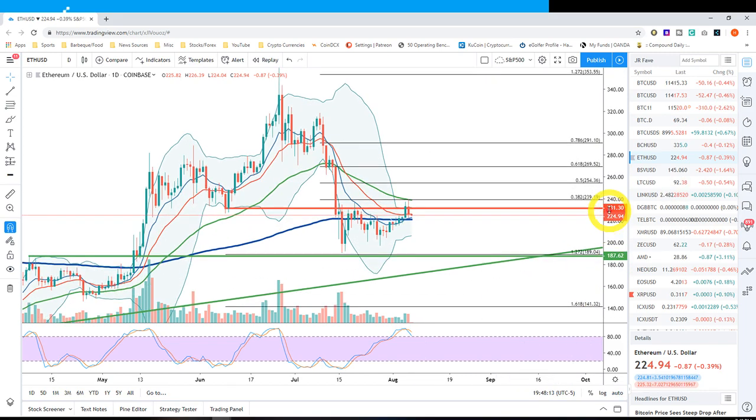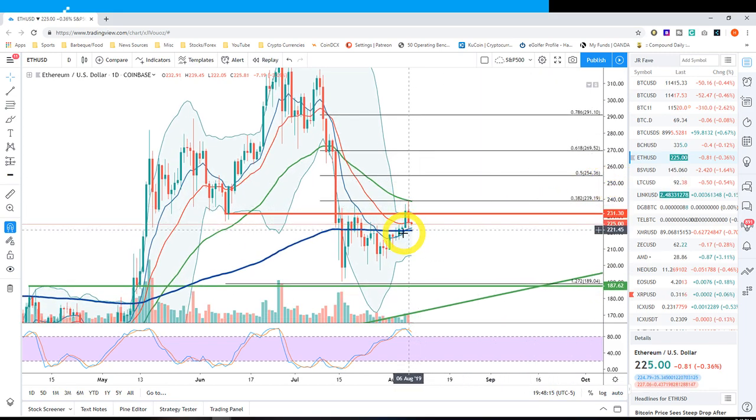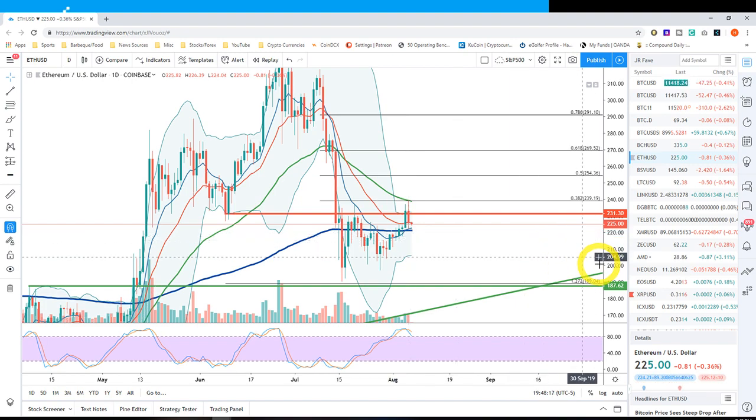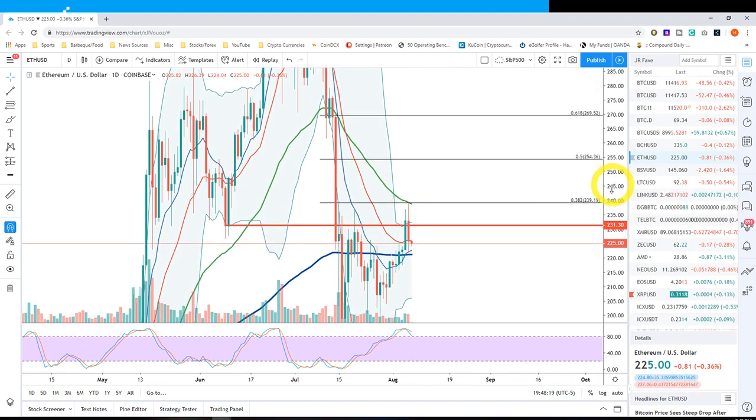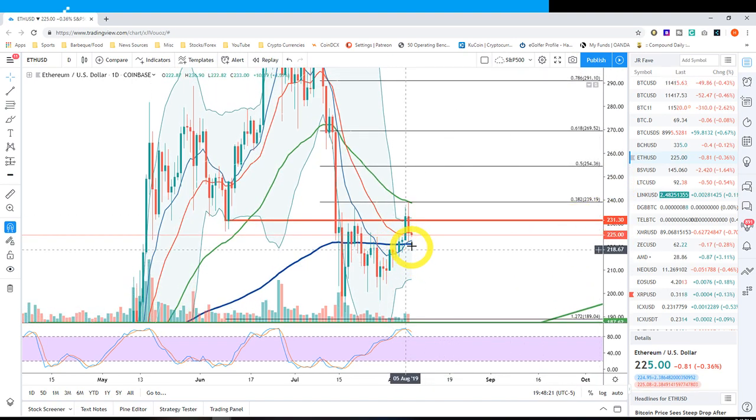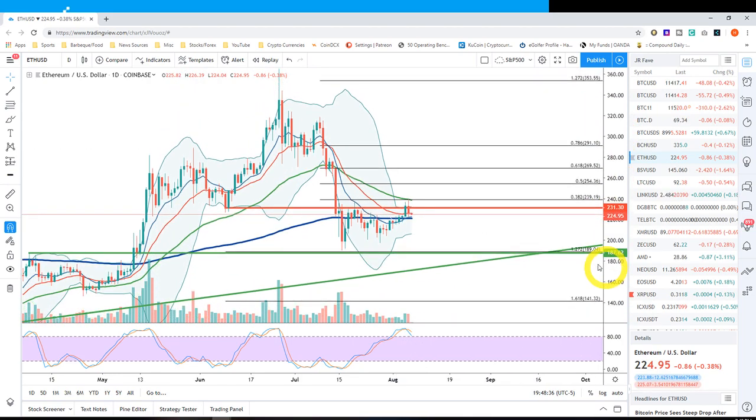And it's holding the 10. There's your 10 EMA. See how it's squeezed in a little bit? As long as it can hold this little area right in here to, what is that, 220? As long as it can hold that, things are pretty good. But these Bollinger Bands are going to be a mother coming up here. Look how tight this is getting.